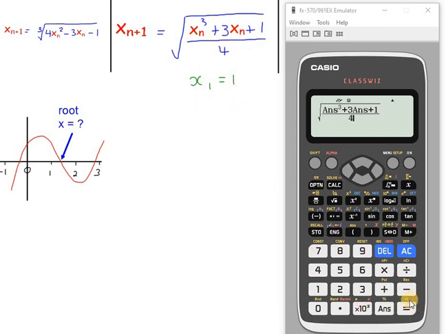So if x1 is 1, then x2 is this value, and x3, 4, 5, 6, 7, and after a number of iterations we can see that this value of x is corresponding to this root. It's about 1.4 something. So we have found the second root as well. And the more iterations we do, the closer we get to the actual solution. It's about 1.45 to 2 decimal places.